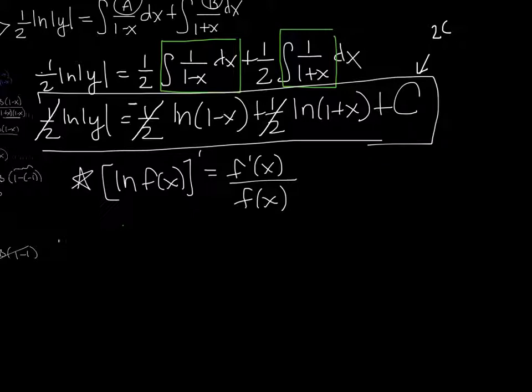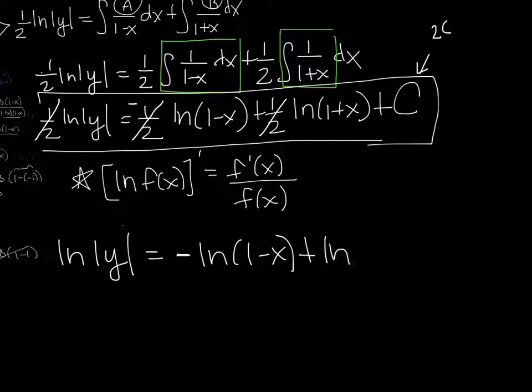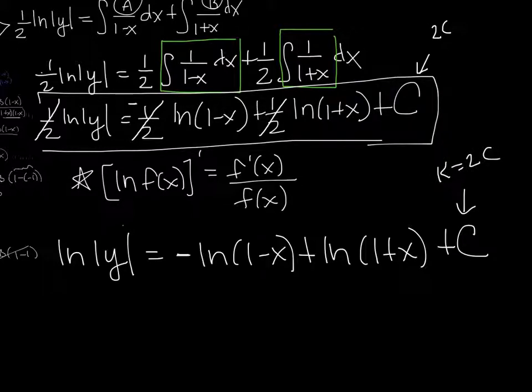And the reason I did that is because now I have minus ln of 1 minus x plus ln of 1 plus x, and plus our constant of integration. Again, if you want to call this k, if that makes more sense, then that's fine.